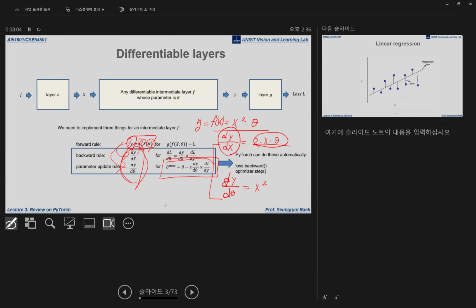But the good thing when we use the PyTorch library is that we don't have to care about this backward path, because PyTorch can calculate all of the gradients in a numerical way. So without calculating this type of closed form formula for each gradient, PyTorch can calculate the gradient value for any forward function.